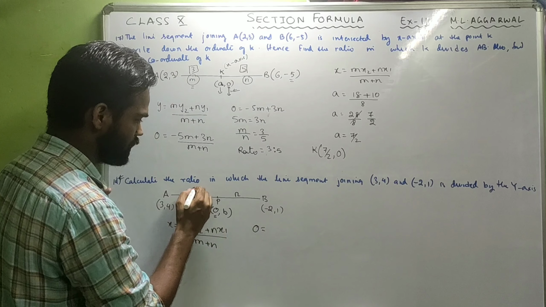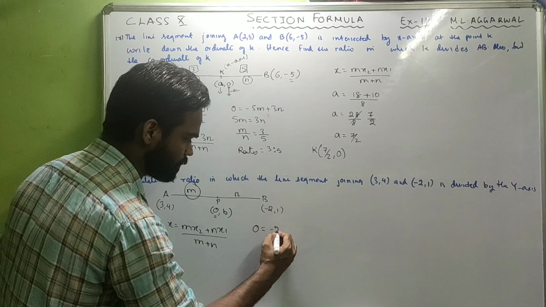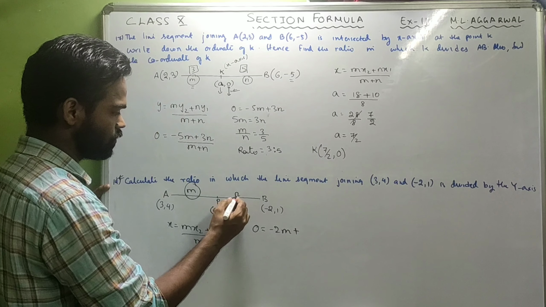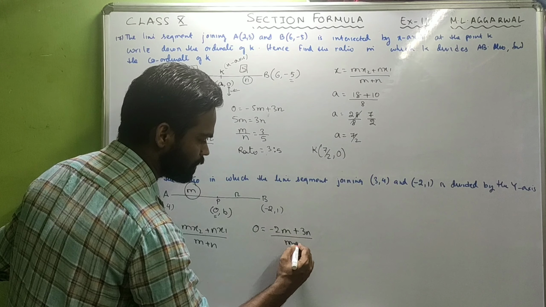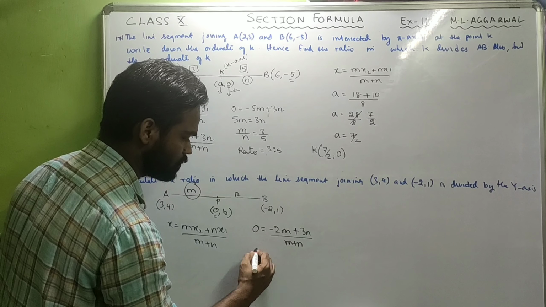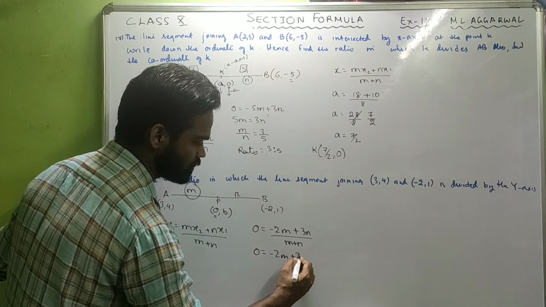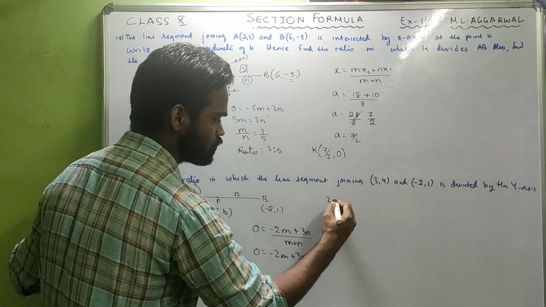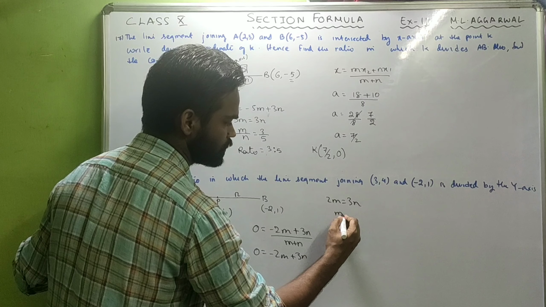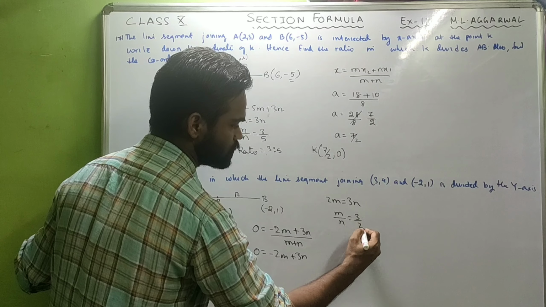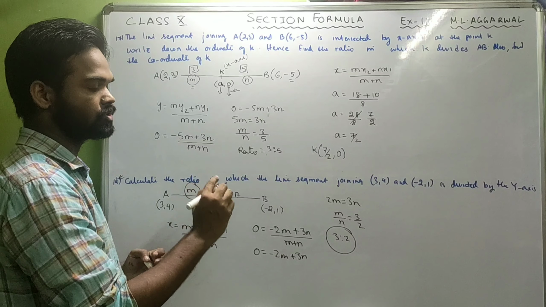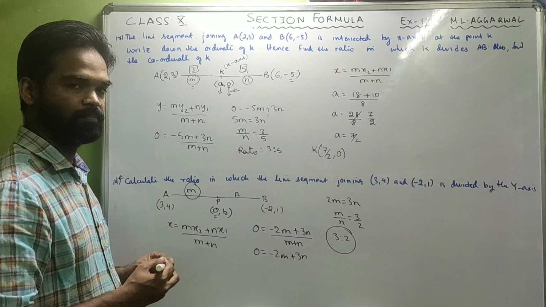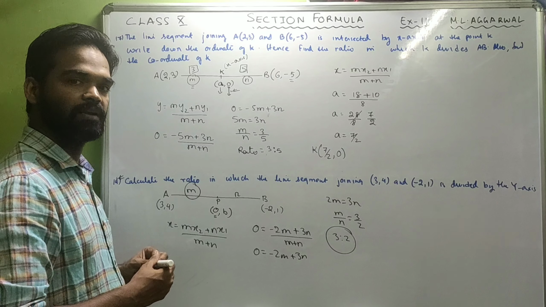So 0 equals mx2, that's minus 2m, plus nx1, that's 3n, by m plus n, into 0 is 0, equals minus 2m plus 3n, which means 2m equals 3n, which means m is to n is 3 is to 2. So the ratio is 3 is to 2. Clear? Now let us look at the next sum.